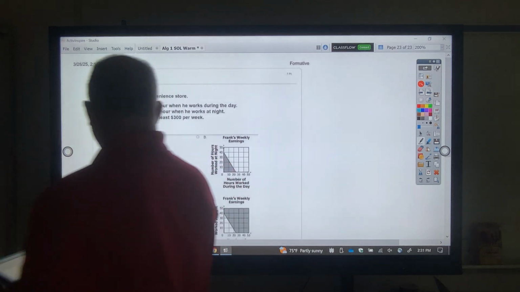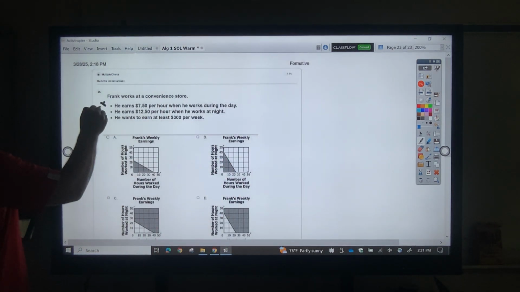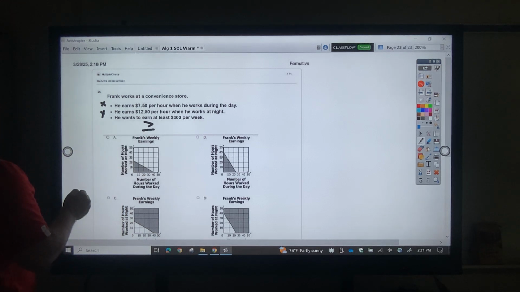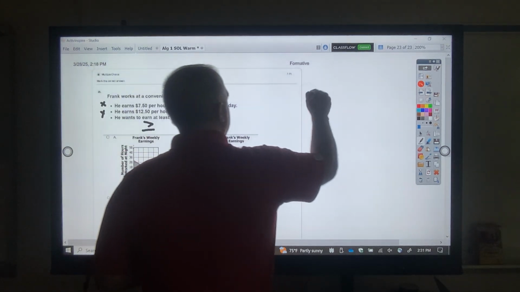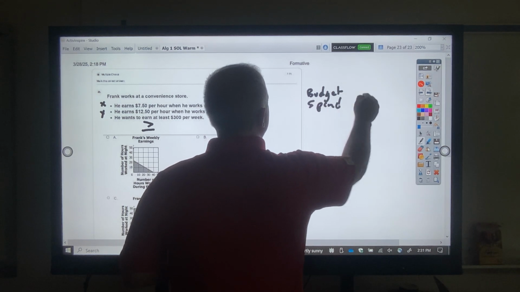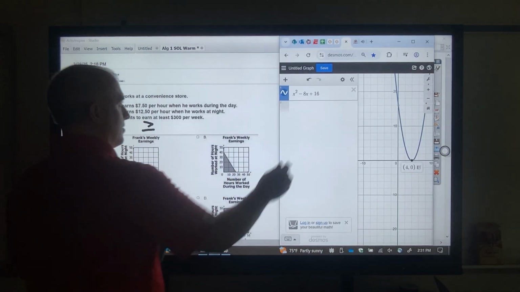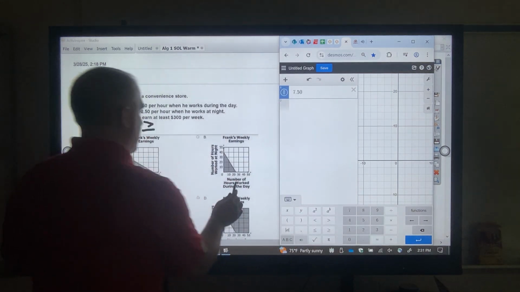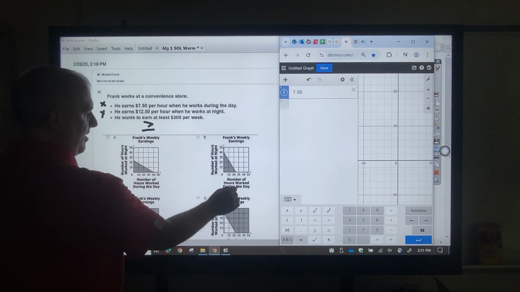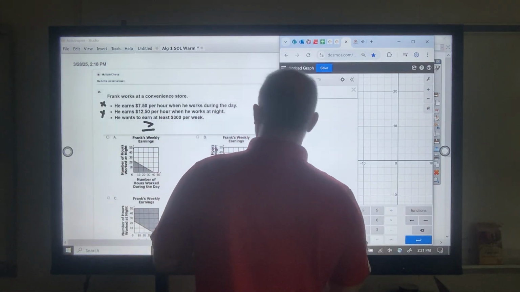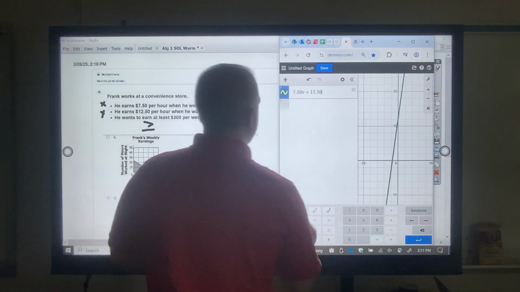Okay? And this one, what you have to understand is this is the x, this is the y. When it's earned, it's greater than or equal to. If you have a budget, or you can spend, it's less than or equal to. So all I got to do is go $7.50, because that's during the day. See how that's the x? Okay, so x plus $12.50 y.